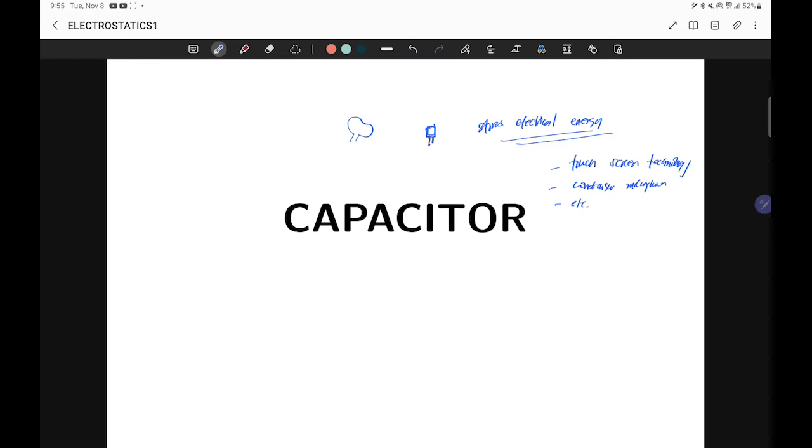So if you have a plane, okay, if you have this particular plane, so ma-separate siya into that one.